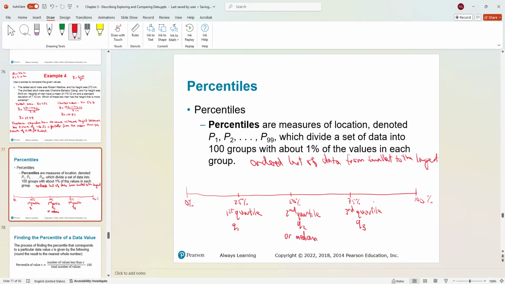Percentiles are measures of location denoted like 1%, 2%. P1 is 1%, P2 is 2%. If you say decile, for example, deciles mean 10%, right? P1 means 1%, P2 means 2%, etc.